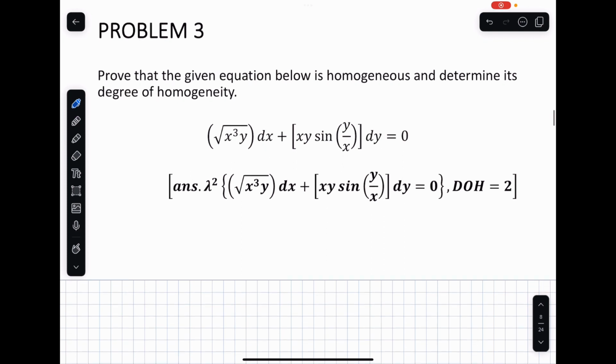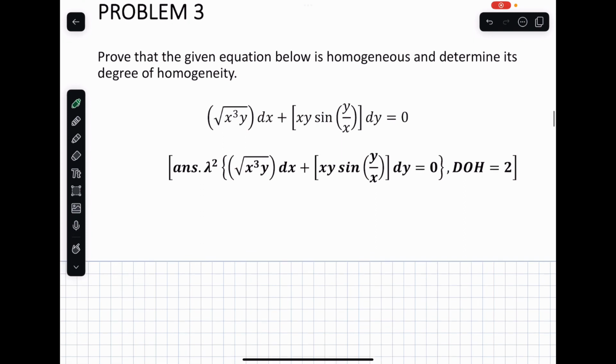So we have our problem number 3. We are asked to prove that the given equation below is homogeneous and determine its degree of homogeneity. To prove that this is a homogeneous equation, we substitute: all x will be transformed into lambda x, and all y will be transformed into lambda y.